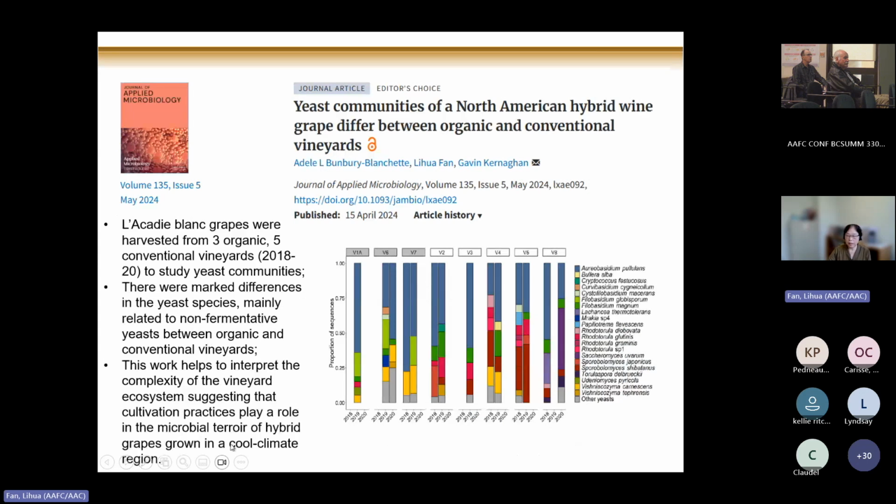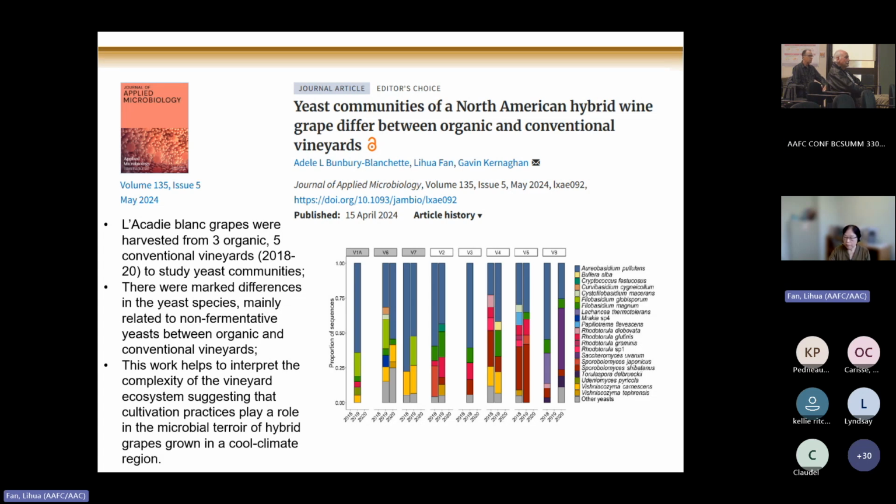During 2018 to 2020, Lacadie Blanc grapes were harvested from 3 organic vineyards, that is the first one, second one, third, and then we harvested 5 conventional vineyards, represented here by the blank boxes. So we studied these yeast communities. Our results showed that there were marked differences in the yeast species, mainly related to the non-fermentative yeast, between organic and conventional vineyards.